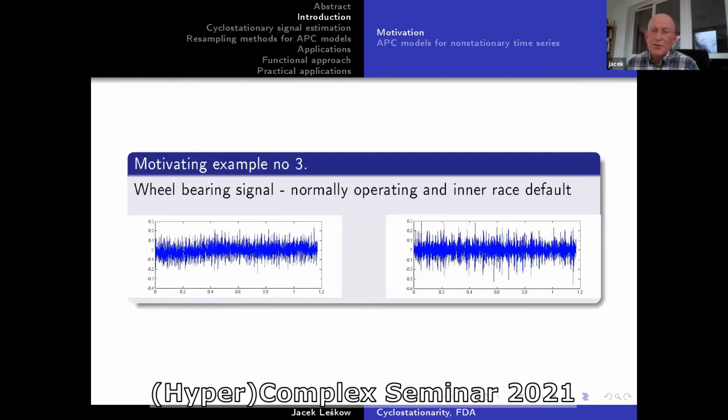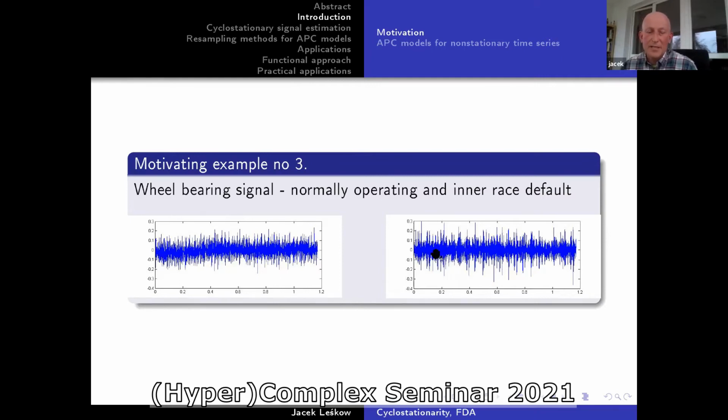Zooming down to, let's say, a rotating machine, we have a very, very precise example of a wheel bearing signal. On the left-hand side, you have a properly functioning acceleration signal from the wheel bearing, which is already centered. The center of this picture is at 0. The 0 level provides a center, so it's a centralized signal.